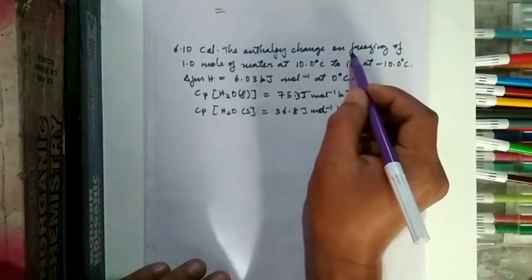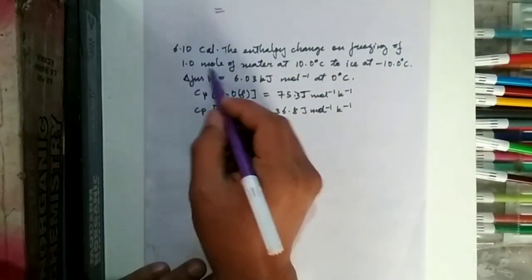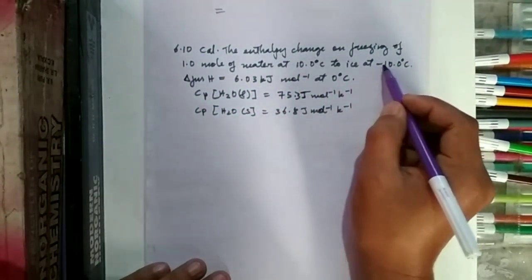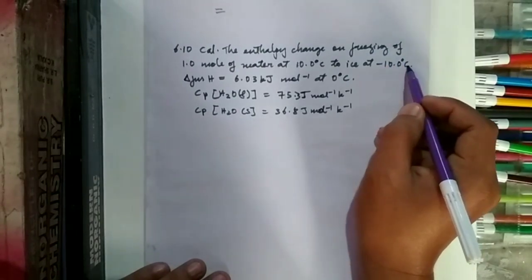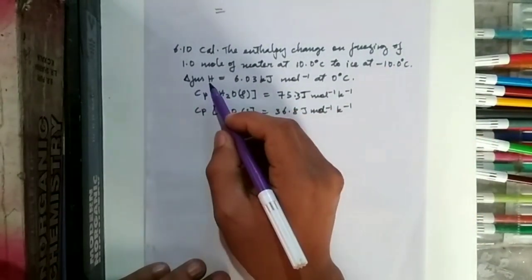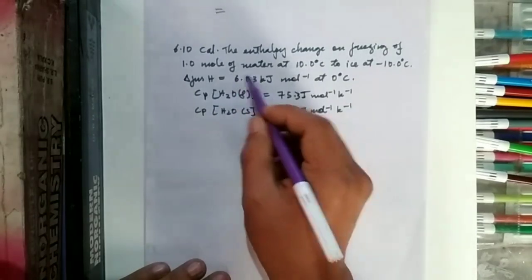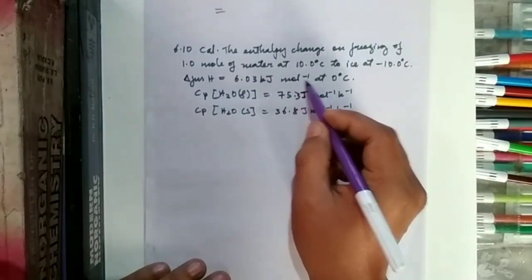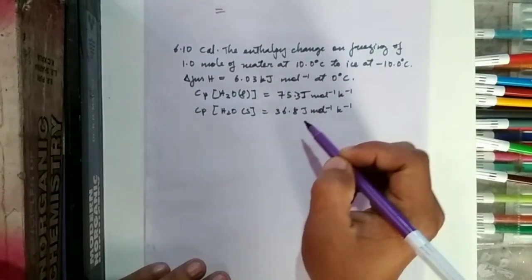Now next one, 6.10. Calculate the enthalpy change on freezing of 1 mole of water at 10 degrees Celsius to ice at minus 10 degrees Celsius. Delta fusion H is given as 6.03 kilojoule per mole at 0 degrees Celsius.